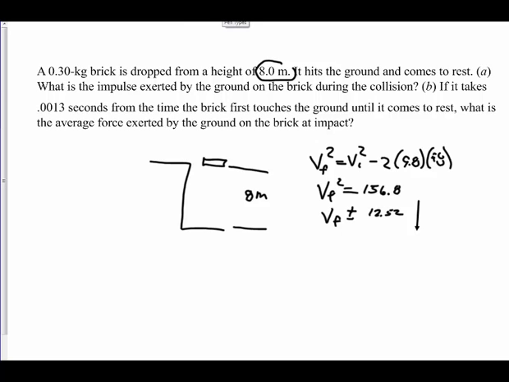Now let's calculate what the momentum is going to be. The initial momentum at impact is equal to the mass of the brick, 0.30 kilograms, times the velocity, 12.52. We make that negative because it's coming down, and that gives a value of negative 3.76 kilograms times meters per second.